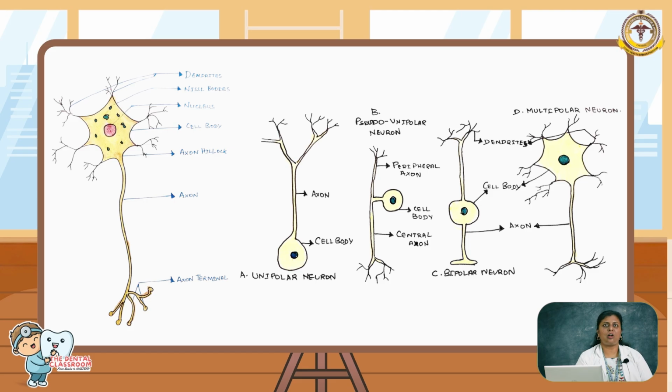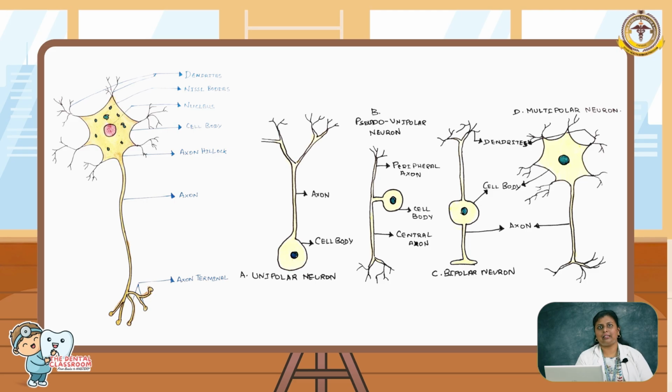The function of the neuron is, as I told, in the spinal cord these axons form nerve fibers. There are sensory nerve fibers and motor nerve fibers. Sensory nerve fibers take all the peripheral sensations like pressure, vibration, pain and touch sensations to the cerebral cortex, and from the motor cortex the responses are carried via the motor neurons in that axon to the spinal cord, and finally from the spinal cord to the target tissues.